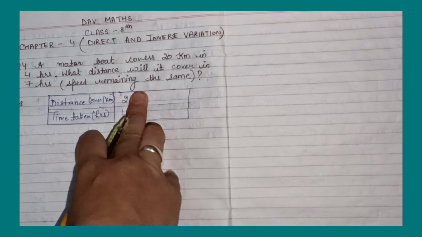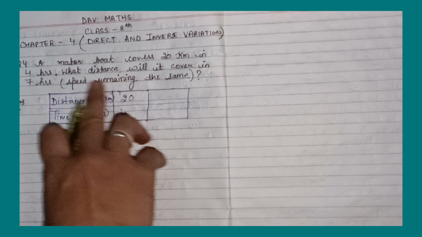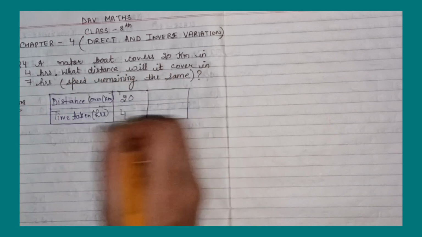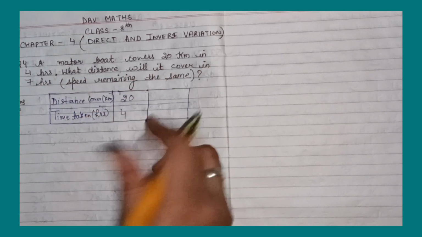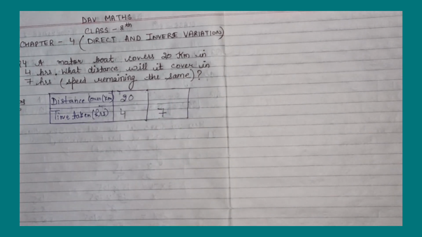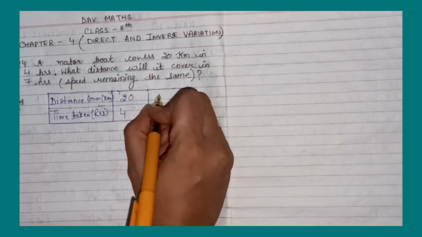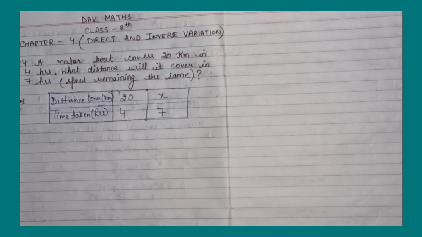Now we have to find the distance covered in 7 hours. So I write 7 in this line, and let the distance covered in 7 hours be x. So I write here x.